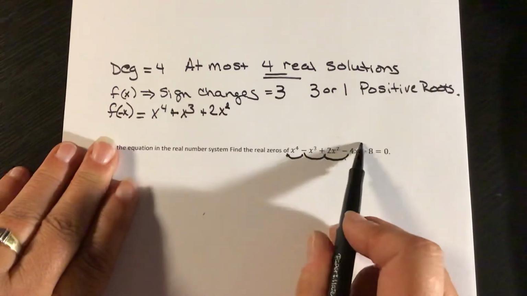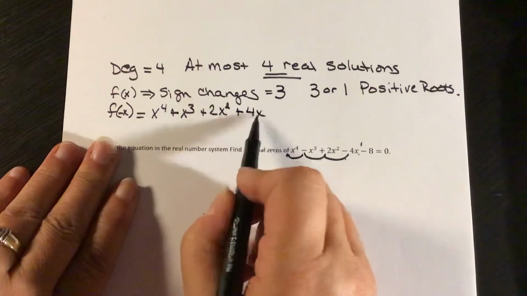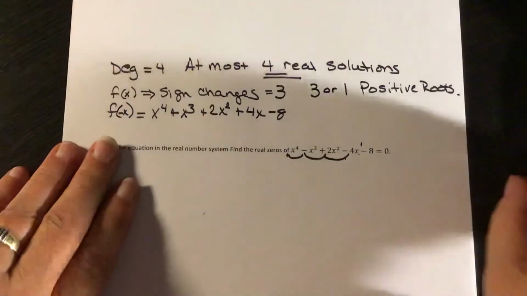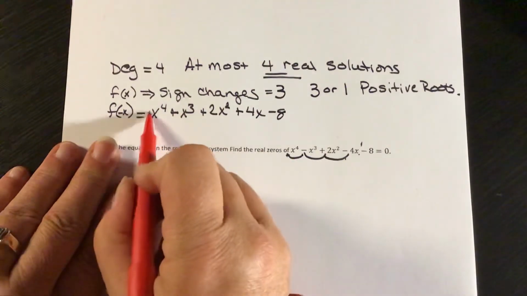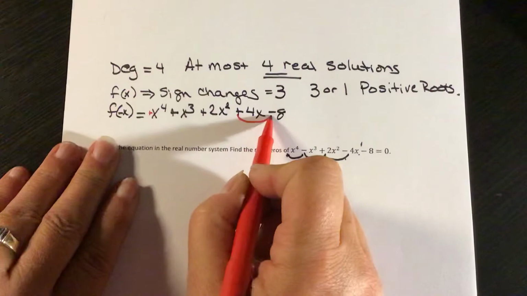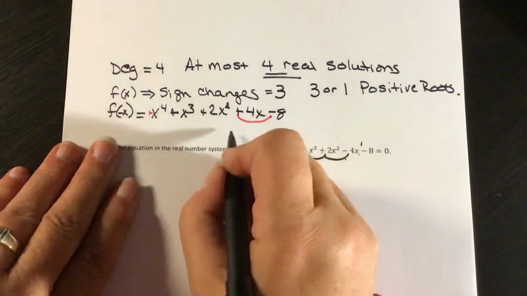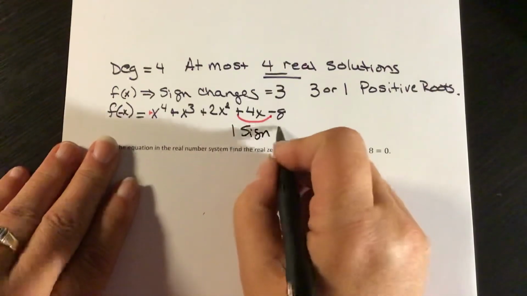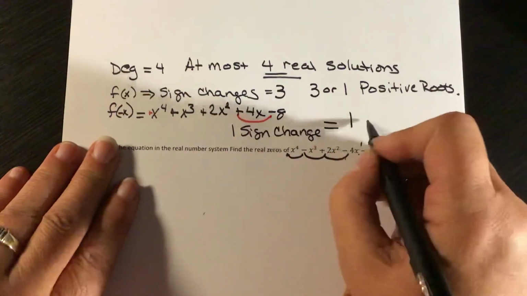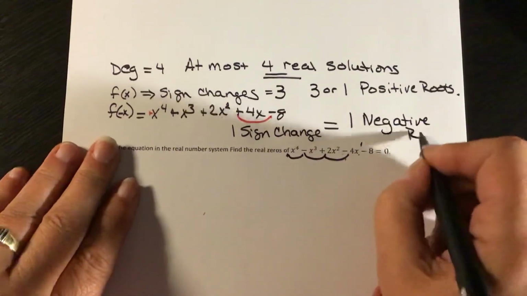Odd exponent, x to the 1st, I change the sign, that's plus 4x, and then I have minus 8. So if I look for my sign changes here, I have positive to positive to positive to positive to negative. So I have 1 sign change, which means I have 1 negative root.